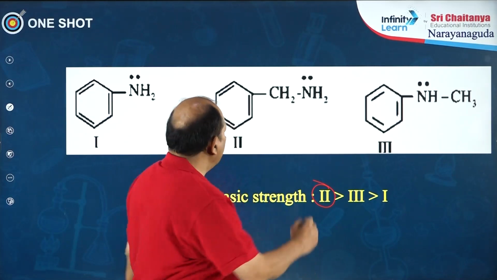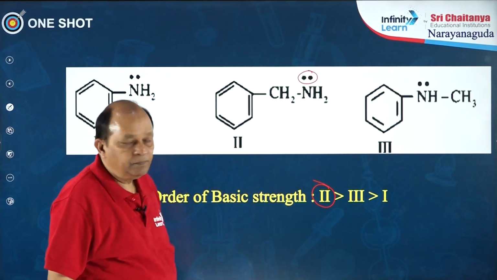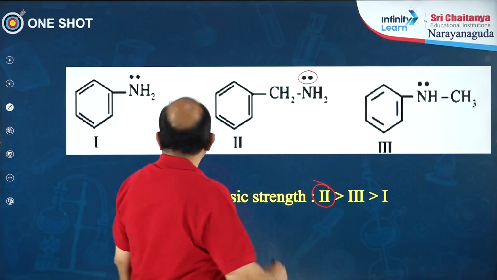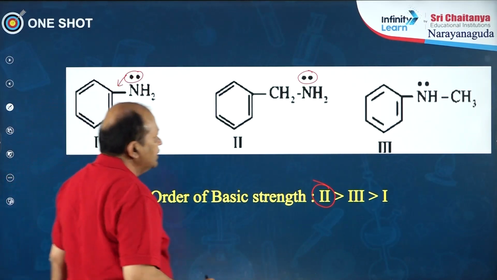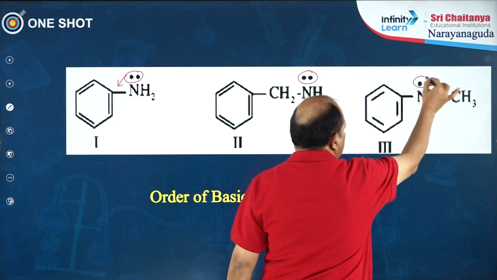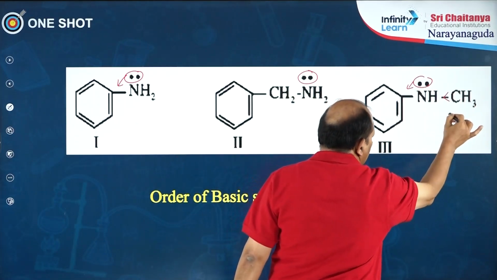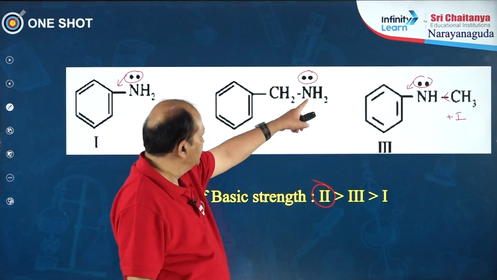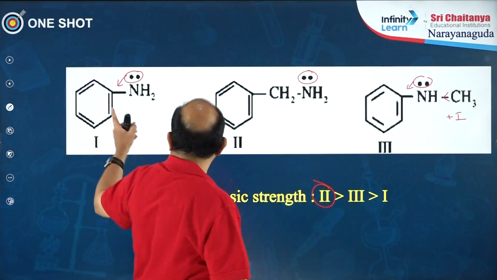Okay. So, here in benzylamine, the electron pair is available for donation, whereas in the case of aniline, these are delocalized into the ring, and here also there is a delocalization into the ring, but slight increase in electron density due to the plus I effect of the methyl group. Therefore, the order is benzylamine followed by methylaniline and then aniline.